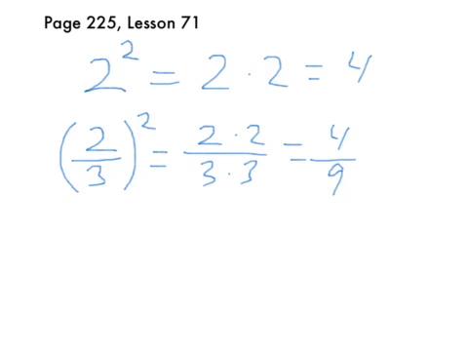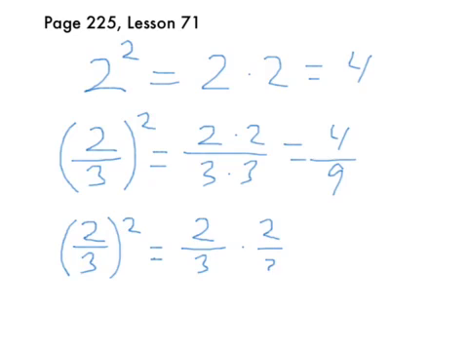Another way of thinking about it, if you're used to doing fractions, and we start with our same 2/3 to the second power, would be to think of it as 2/3 times 2/3, which of course is still 4/9.